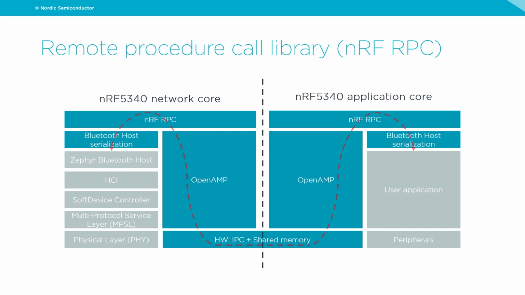Such a solution would be equivalent to the SoftDevice serialization you may know from the nRF5 SDK. Today, nRF RPC supports only OpenAMP transport. If another transport is needed, it is up to the user to implement it.